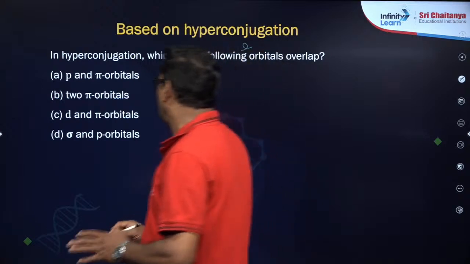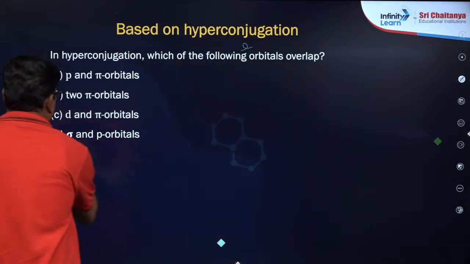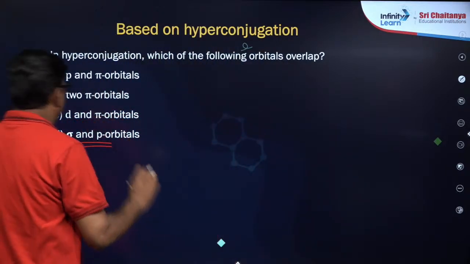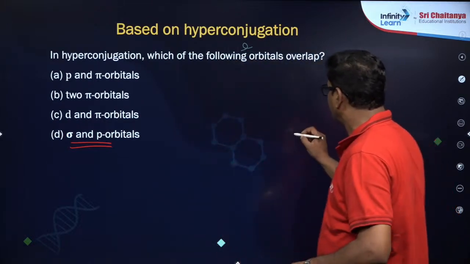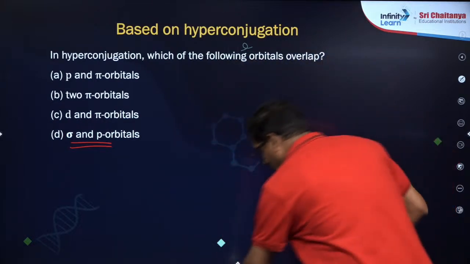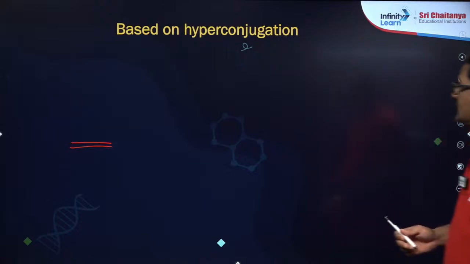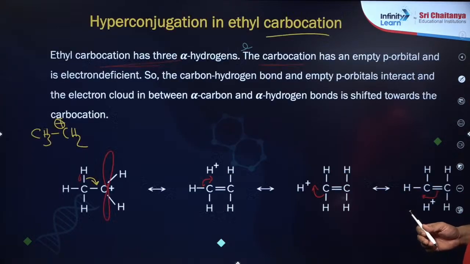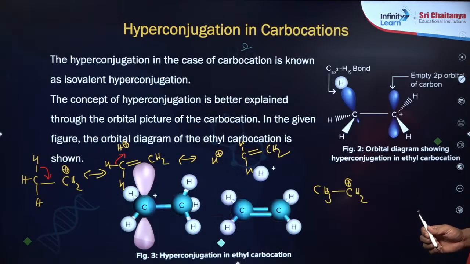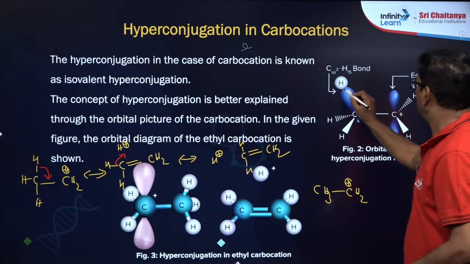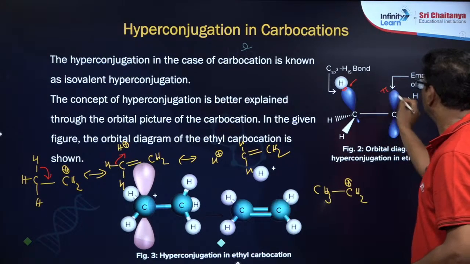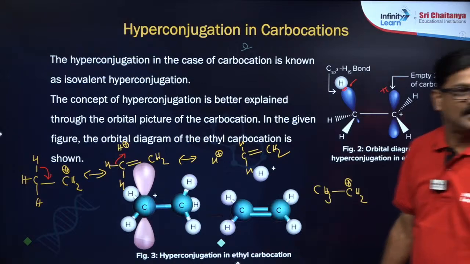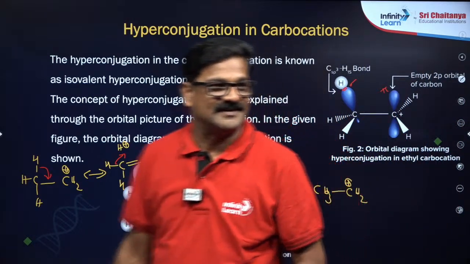Here sigma and pi orbitals or sigma and p orbitals are going to overlap. That's what happened in the previous slide that I have shown you. You can see this is a sigma bond and this is a pi, and these two are going to overlap, right? Yes, that's great.